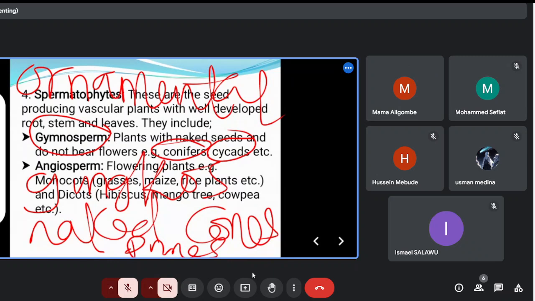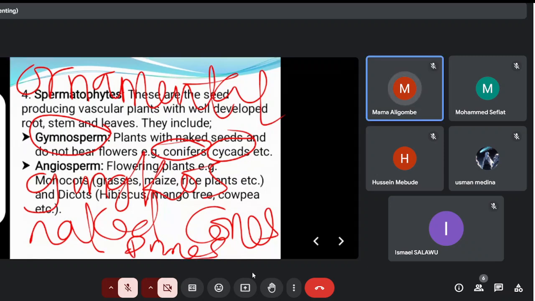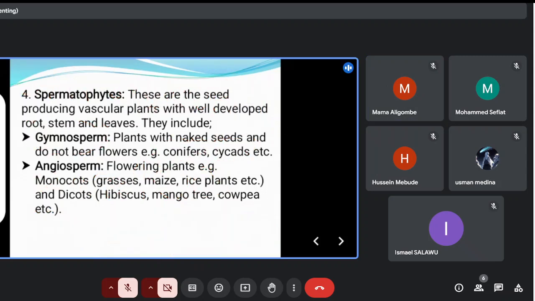Yes, ma. Good. So then let's look at the other subdivision, the angiosperm. They are more advanced than the gymnosperm. They produce seed in which the seed is what?